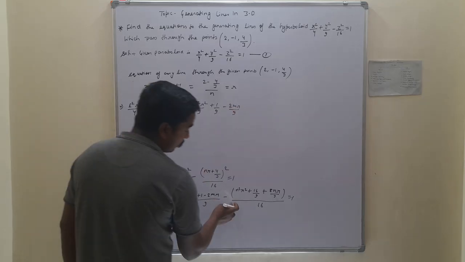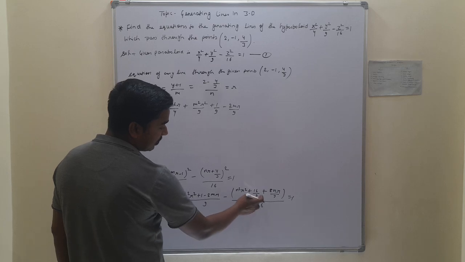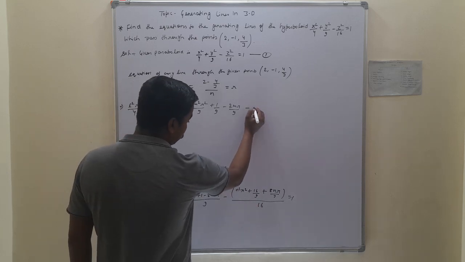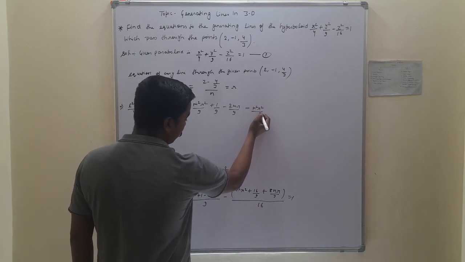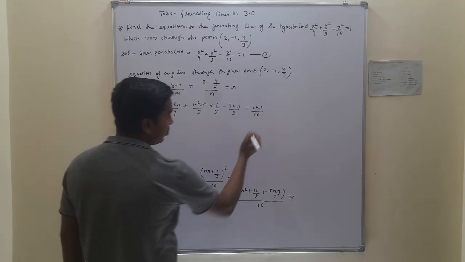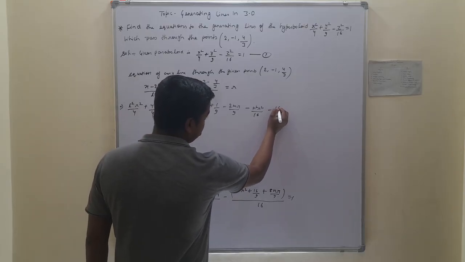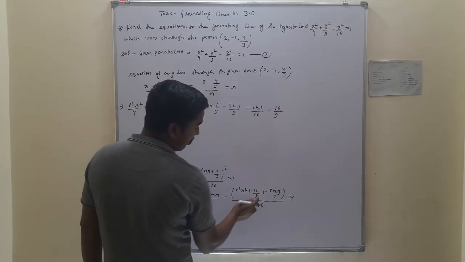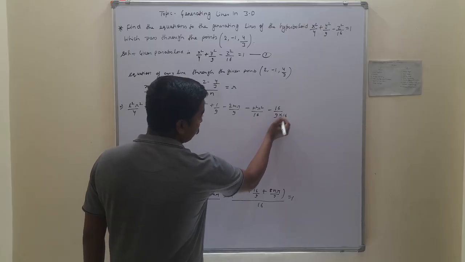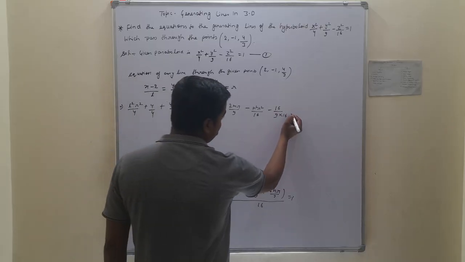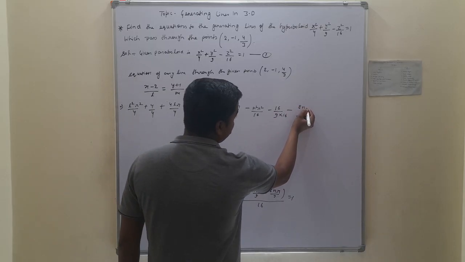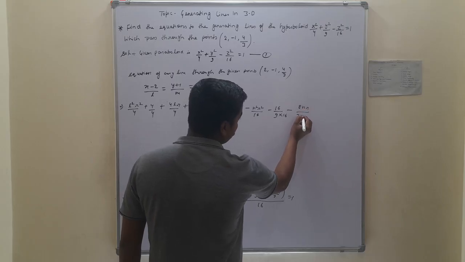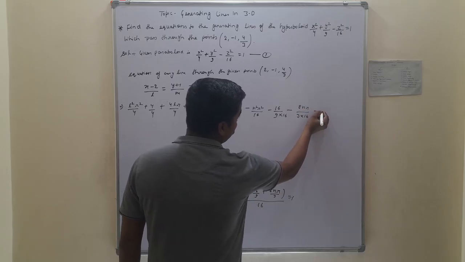And similarly we multiply with minus and take equal to 0. We get minus n square r square upon 16, and minus 16 by 9 upon 16, and minus 8nr by 3 into 16 is equal to 1.